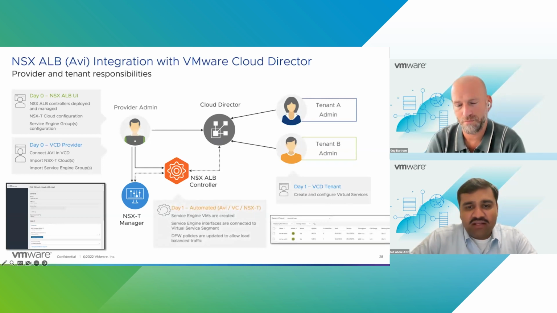And automatically, the ALB controller will provision those service engine data path elements and create the DFW policies and the interfaces which are needed to connect to their respective workloads to provide the load balancing capacity. It's just point and click, or use the automation APIs to do all those integrations which are required. That's a good point.